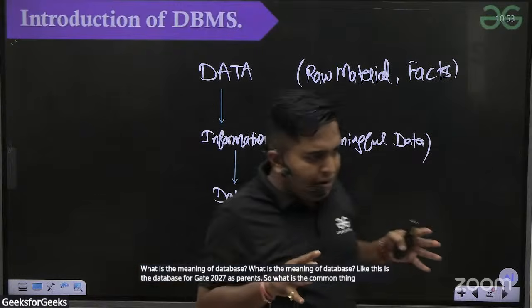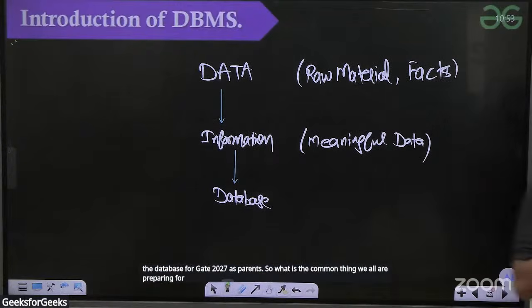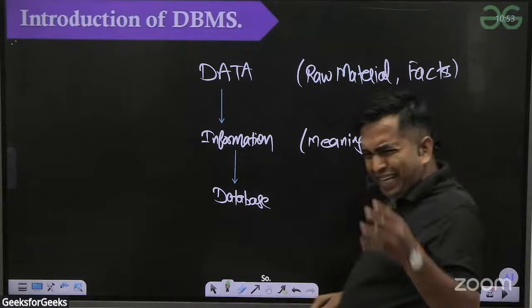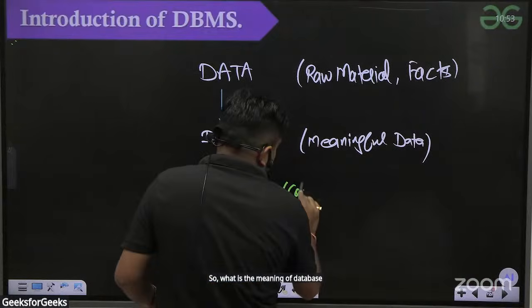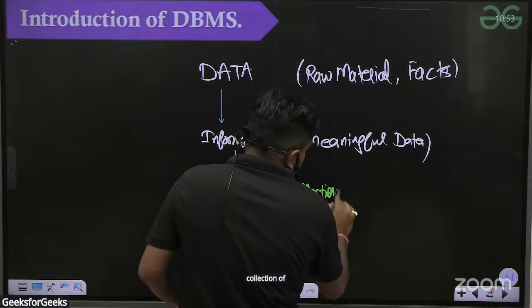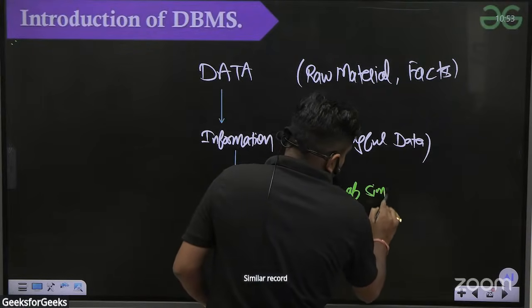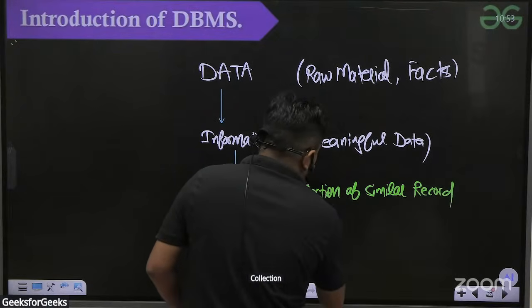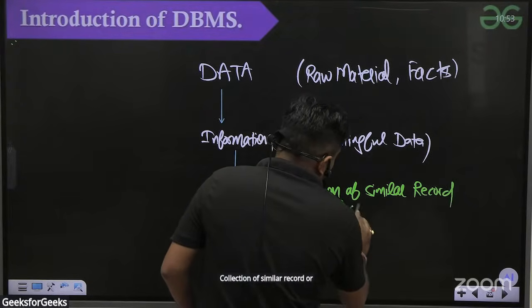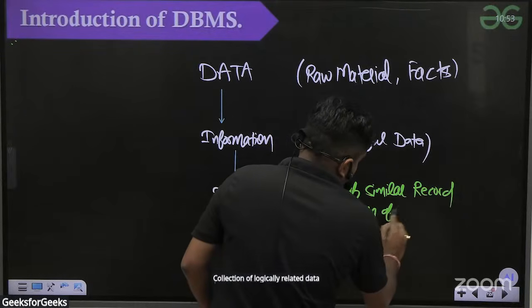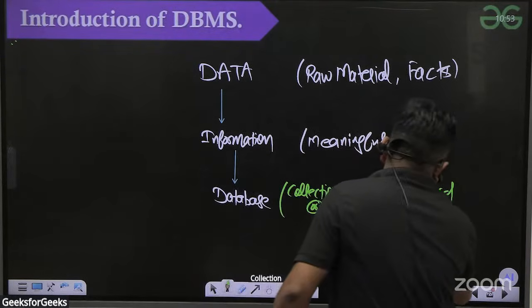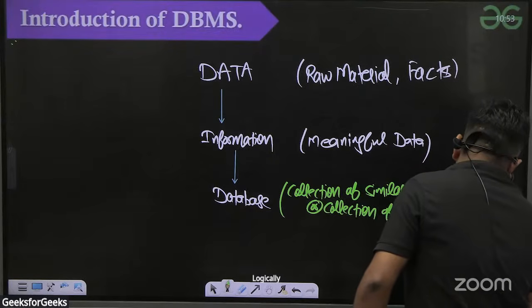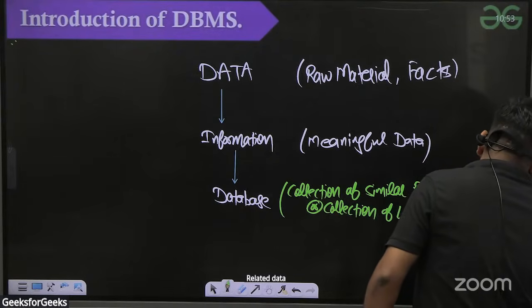We all are preparing for GATE 2027 paper. Mean to say, we all have one single objective, a similar type of record. So what is the meaning of database? Collection of similar records. What is the meaning of record? I will tell you, don't worry. Collection of similar record or collection of logically related data. Are you getting my point, beta?